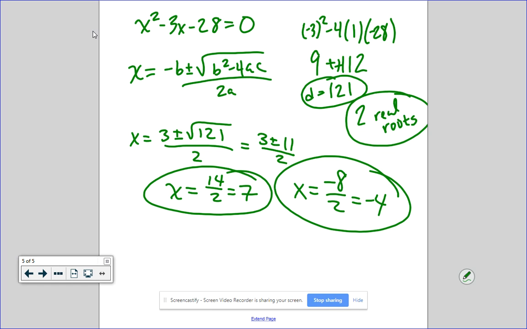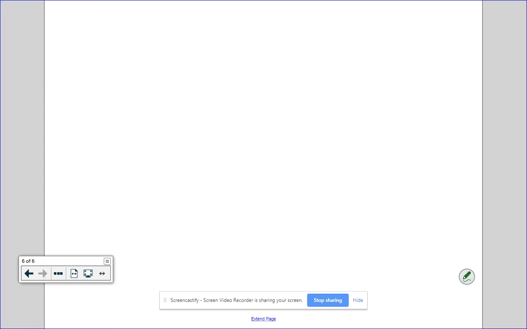Questions on quadratic? So those are the questions that fall under the first standard on the test. Okay? Can you solve a quadratic by any method? That's the first standard. Second standard is I can solve polynomials to find solutions.